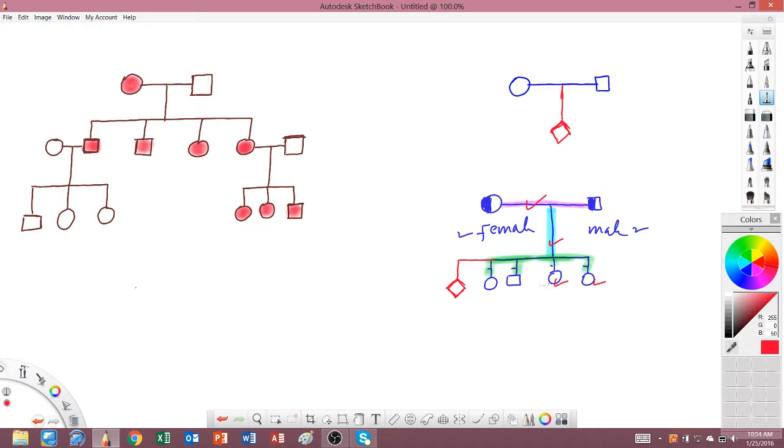Female, female, male, female, don't know yet. Maybe the ultrasound is undetermined, or this is still a fetus, or whatever. Anyway, know these basic things. This should help you.